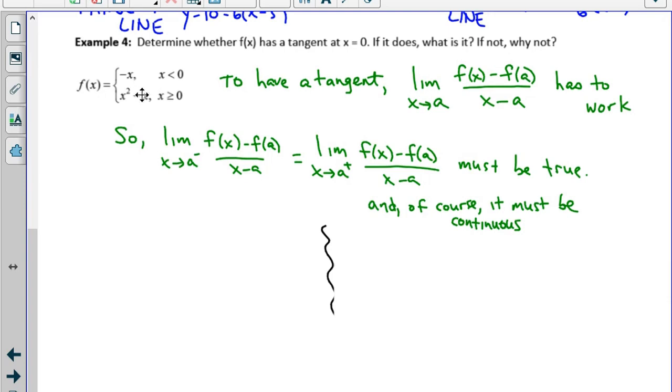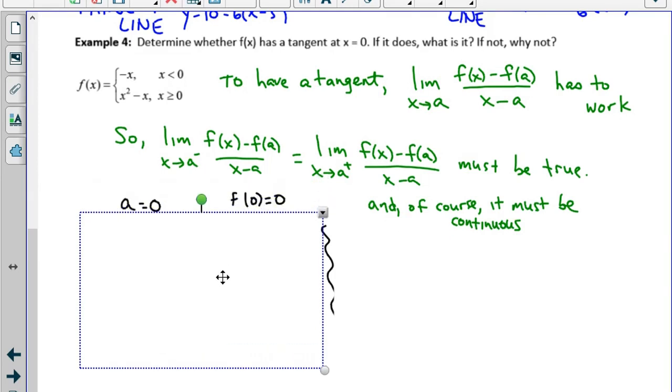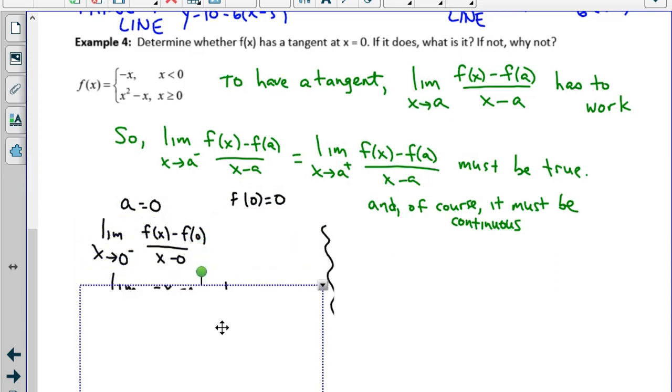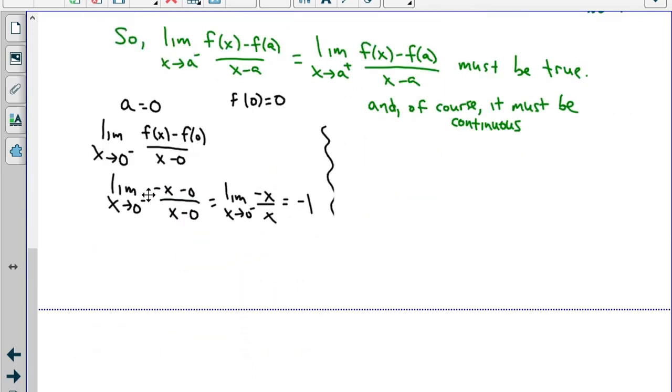So in order to make sure that the function is continuous, you just substitute 0 in, and you get f of 0 equals 0 for both cases. Therefore, the tangent line works. Or I'm sorry, not the tangent line, but the function is continuous. So let's check the left. If I look at the left side, I end up getting that the limit as x approaches 0 from the left is -1.